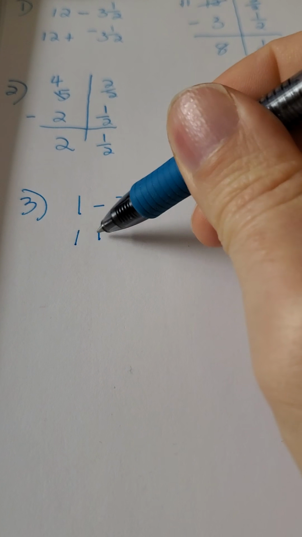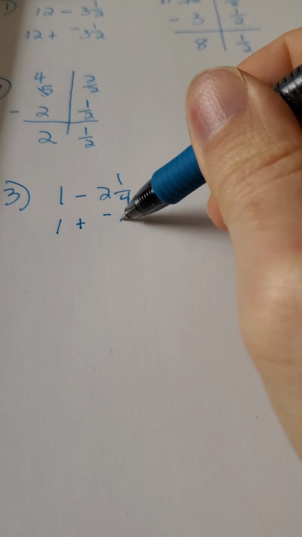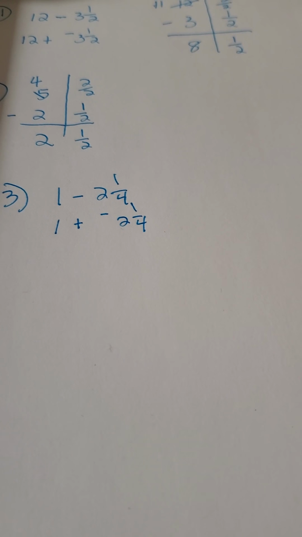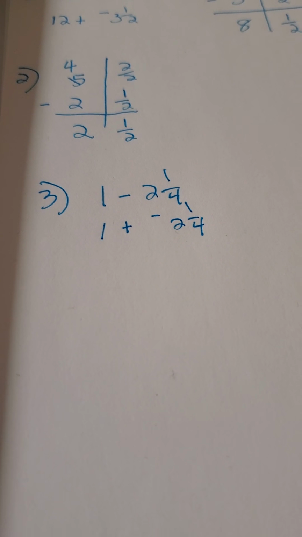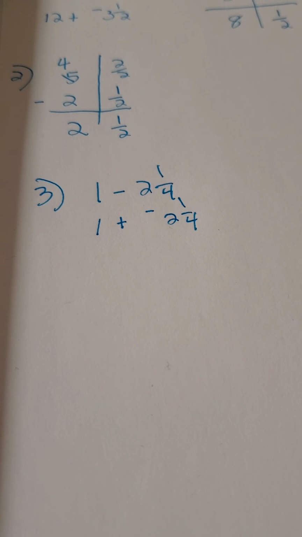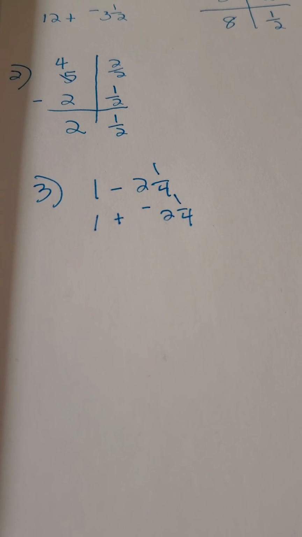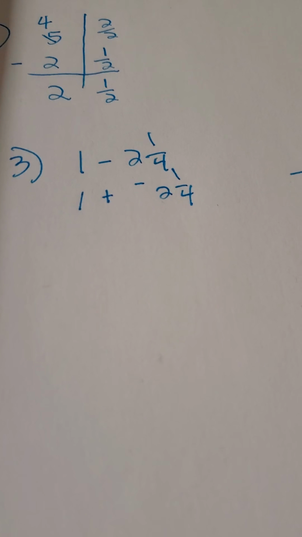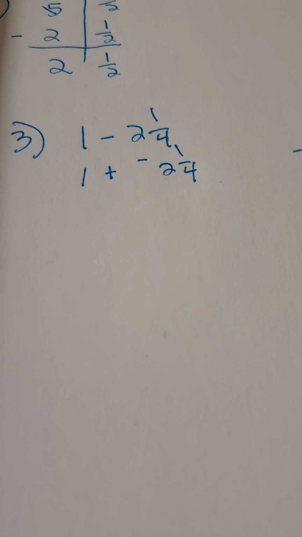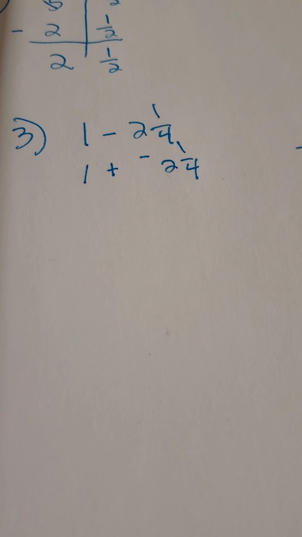So we have 1 plus -2 1/4. Okay, and we're basically ready. So it's a +1 and a -2 1/4, a positive plus a negative. This is going to be another subtraction problem. Which number is greater? We have a +1 and a -2 1/4.